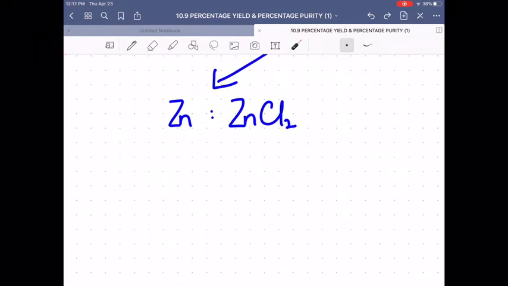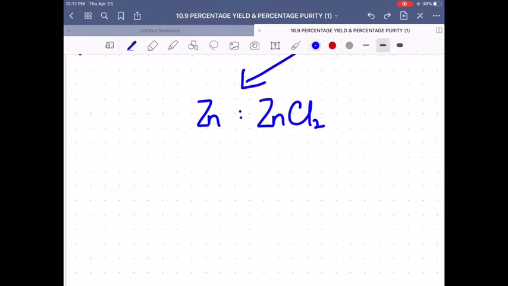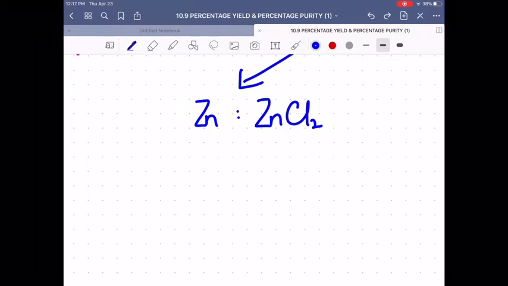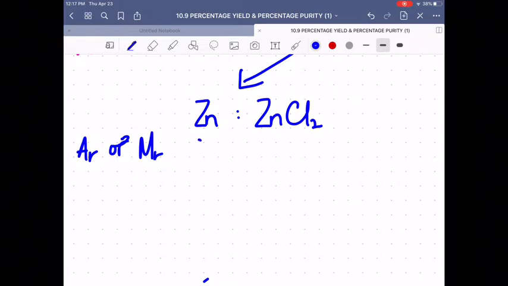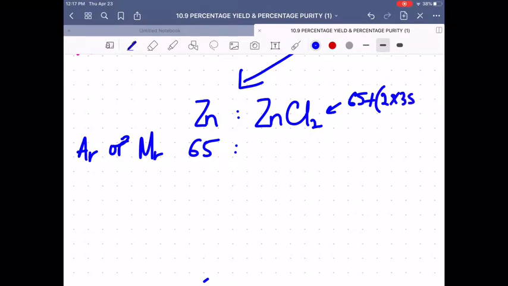So let's start. As we recall from our previous lesson, in the first row we always put our Ar or Mr. The mass for zinc in your periodic table is 65, and for your zinc chloride, it is 65 plus 2 times 35.5 for your chlorine, so you should get 136.